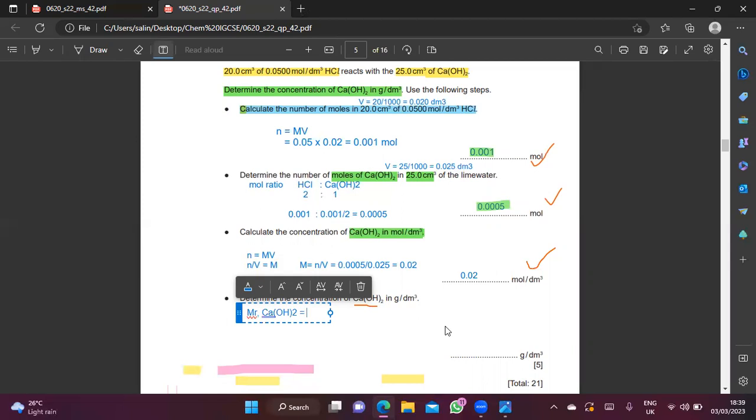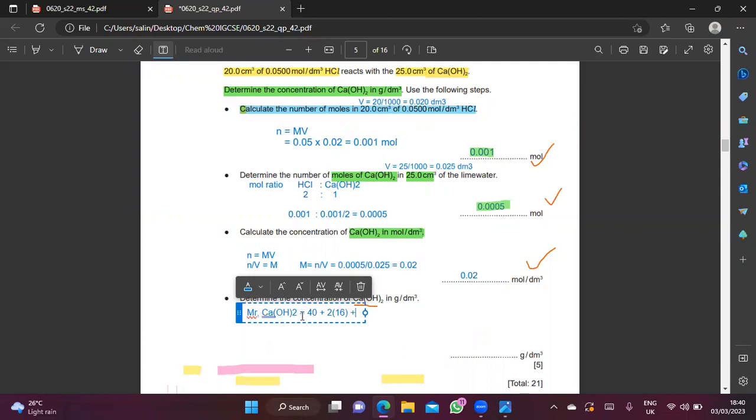It's actually 40. We put 40 here. And then plus the mass of, now you have to calculate one at a time, oxygen. How many oxygen? 2 of that. Mass of oxygen is very common. You don't have to memorize. It's 16. Get it from the periodic table.